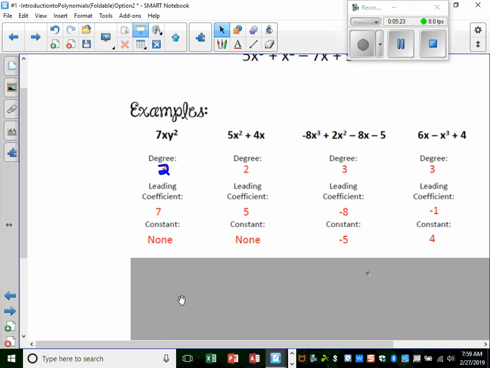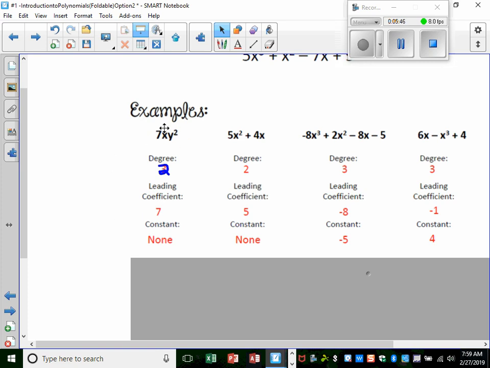All right, now, here this says constant, no. You guys know what a constant is. A constant is a number that does not have a variable. Okay, so in case you don't know, you might want to put a little notation. Terms that do not have variables to them, that's what we call a constant. So those are just your regular numbers.